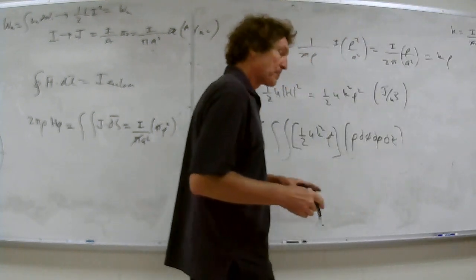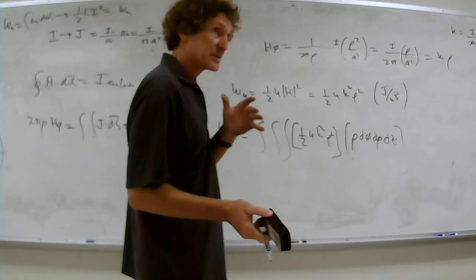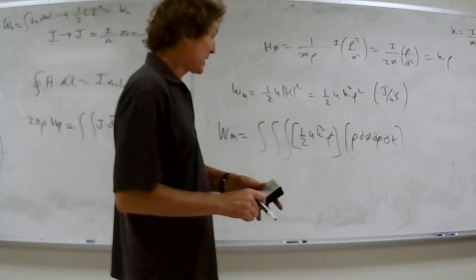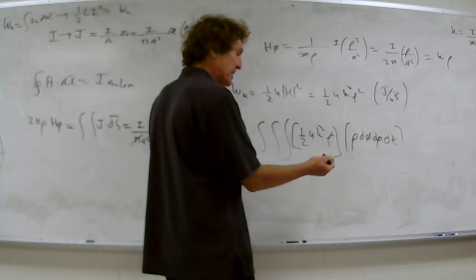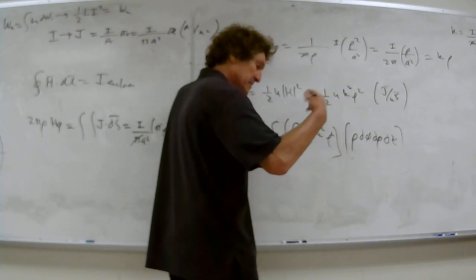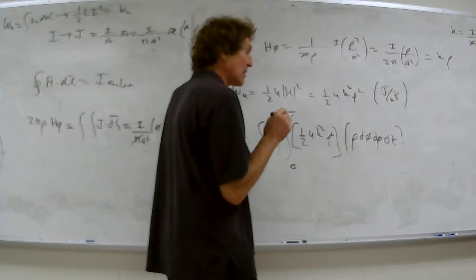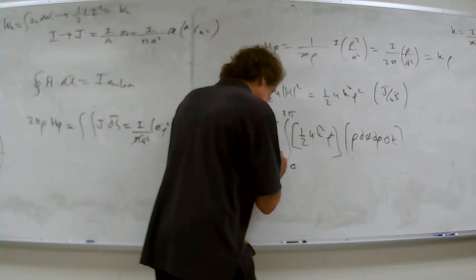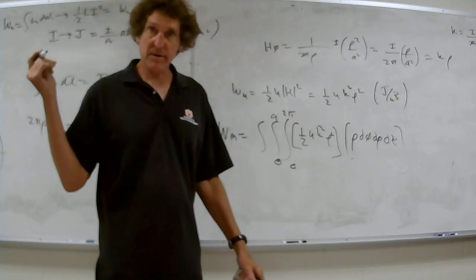Now you have to put the limits on. These are hard limits, because this is the total energy inside the radius a. Where does phi go from? 0 to 2 pi. That's right, and I like saying that over and over again. Where does rho go from? From 0 to radius a, that's my outer edge.